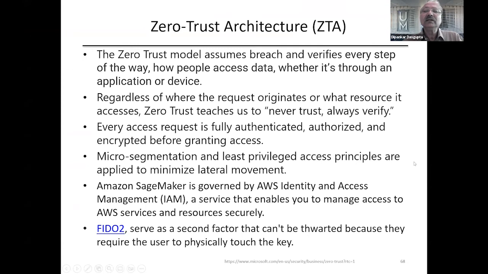So it assumes the breach and verifies every step on the way, how people access data, whether it is through an application or a device. So regardless of where the request originated or what resources it accessed, zero trust teaches us never trust, always verify, and that's where the adaptive multi-factor comes in.